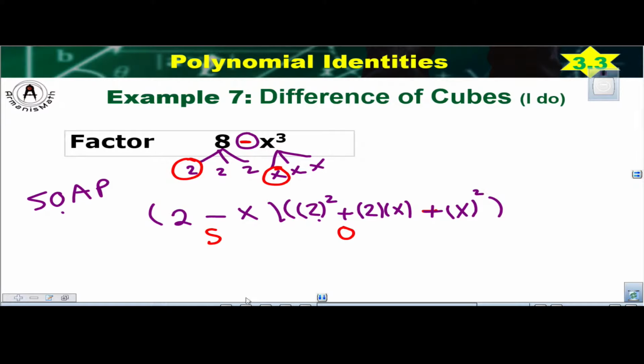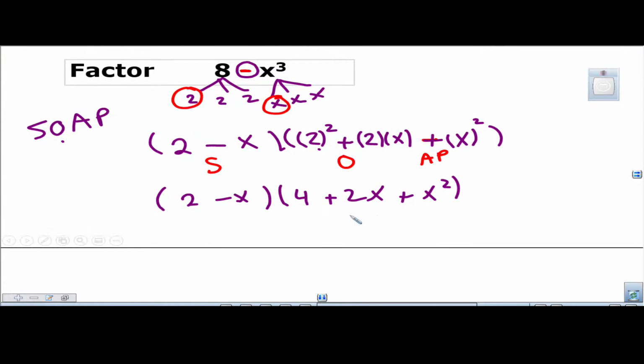And remember, this is AP here. Okay, I'm just going to rewrite again and nice. This is 2 minus x times 4 plus 2x plus x squared. And this is good. There's nothing wrong with this one. I just wanted it to be more polite. This is correct. I'm going to put it in standard form.